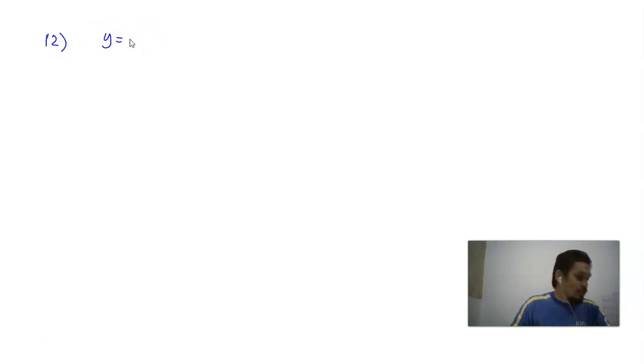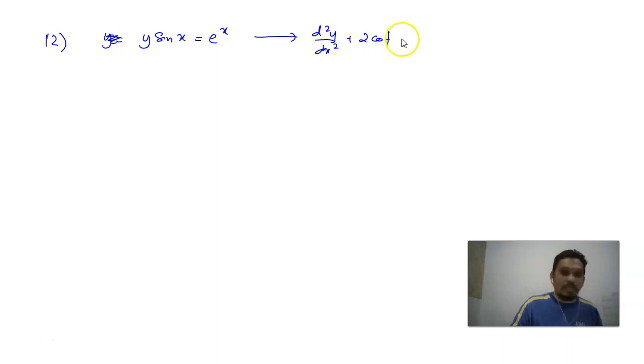Given y sine x equal to e to the power of x, we're going to prove that the second derivative of y with respect to x plus 2 cotangent x dy/dx minus 2y equal to 0. So let's see if we can solve this one now.